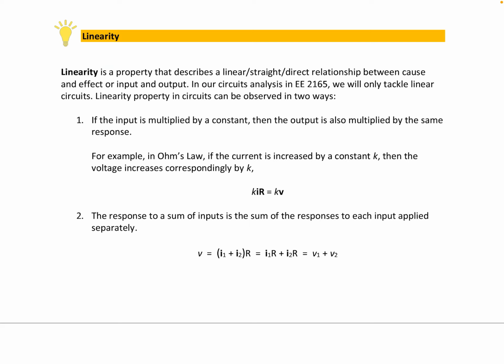Linearity is a property that describes a linear, straight, or direct relationship between cause and effect, or input and output. In our circuit analysis, we have tackled linear circuits so far. This is mainly because we have only used resistors, aside from voltage and current sources, as our main circuit elements.